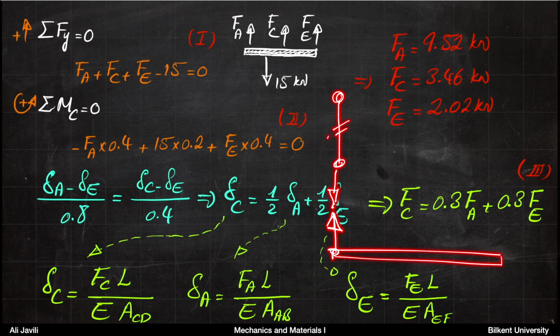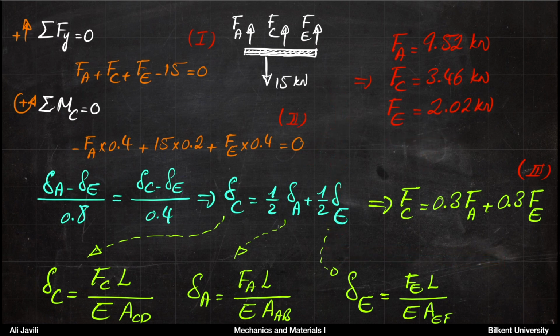So the internal force of the bar is obviously the same as the force that we used. Okay, so this means all the bars are under tension, and we have actually used that principle here.